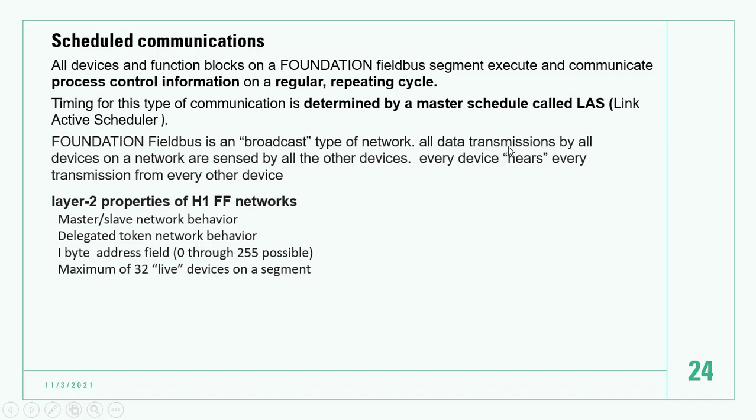Then the other devices hear it. The address is a 1-byte address field, 0 to 250. The maximum number of Foundation Fieldbus devices in a segment is 32. Okay, live devices up to 32.